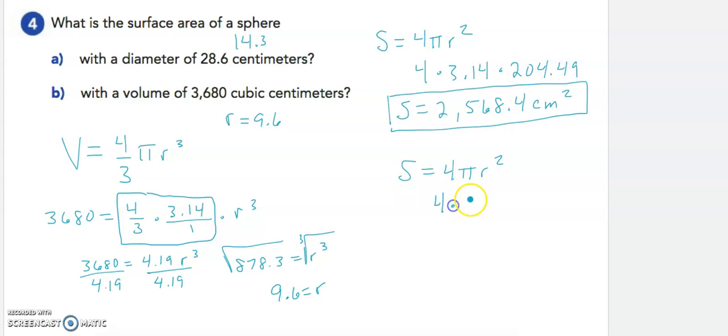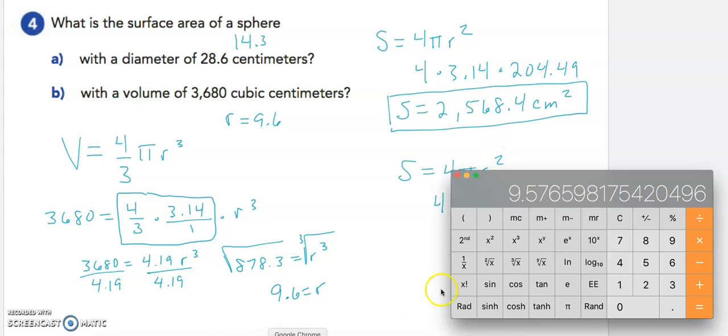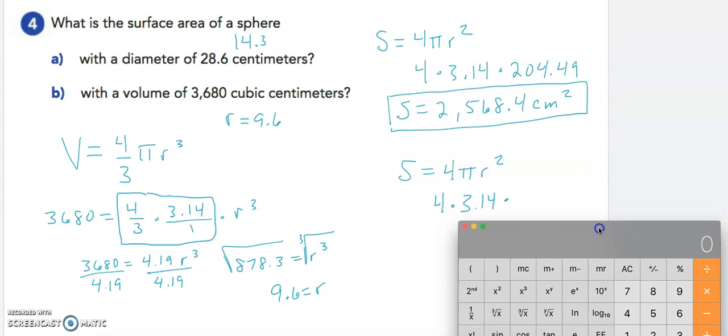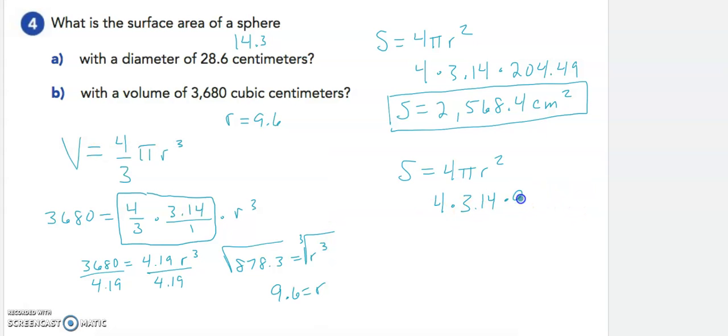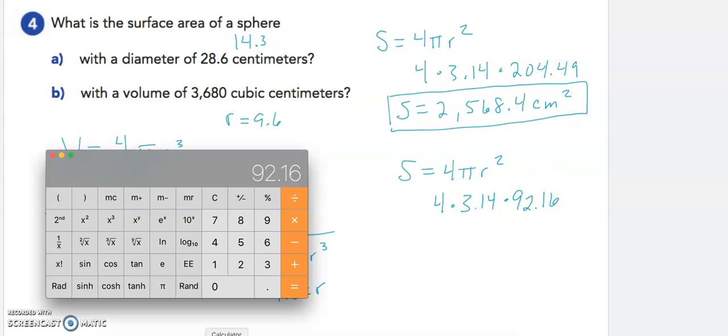So we have 4 times 3.14 times the radius squared, which in this case is 9.6. So 9.6 squared is going to be 92.16. Let's multiply this all out and see what we get.